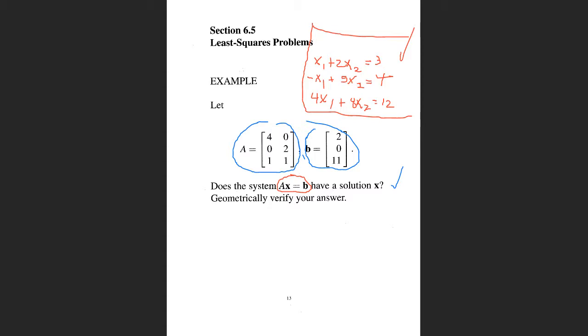Okay, James says yes. Solomon says yes. Why? I have 2 variables, 3 equations. I have more equations than variables. Well, is there a free variable there? I want to be a little bit careful. Maybe you're seeing something that I'm not seeing.